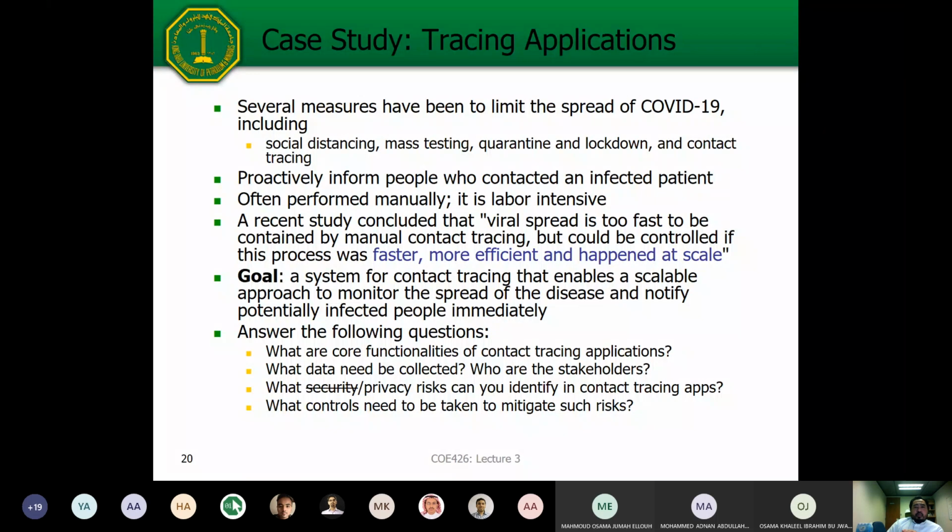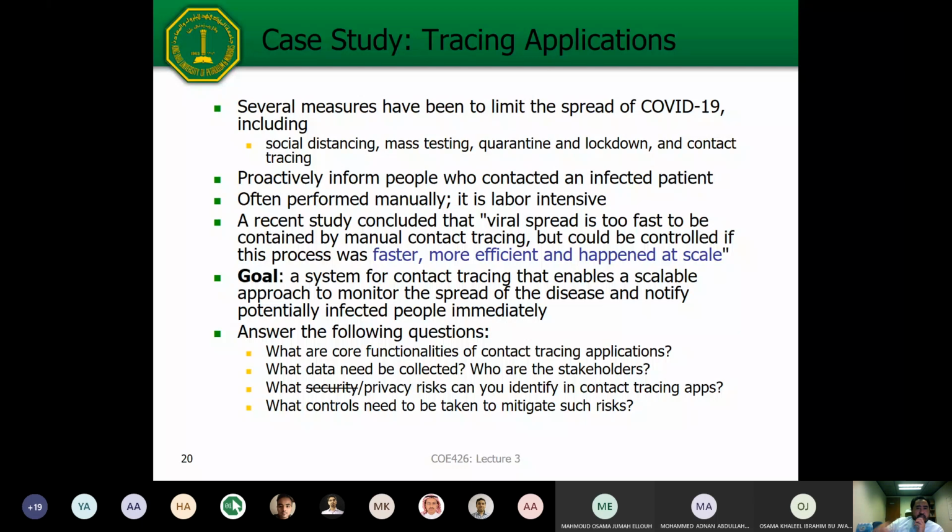This is prone to error because, first of all, nobody remembers everybody they came in contact with for the last 14 days. Maybe they cannot be reached in a timely manner, and then they also have to contact their contacts and so on.